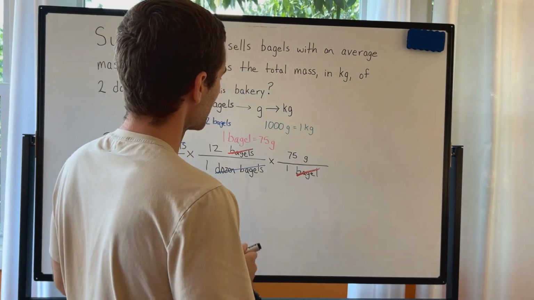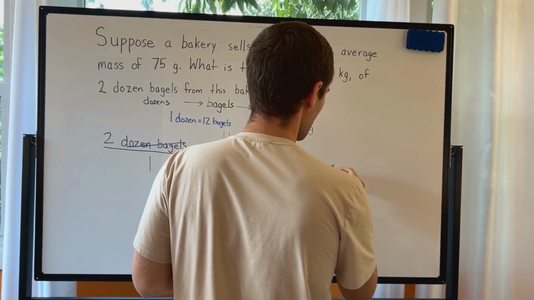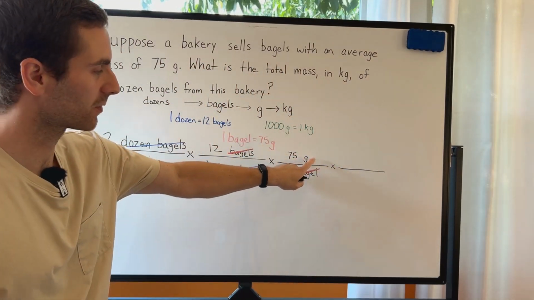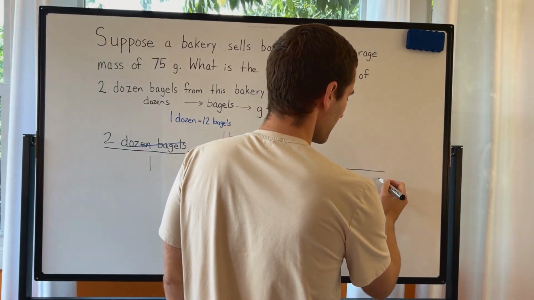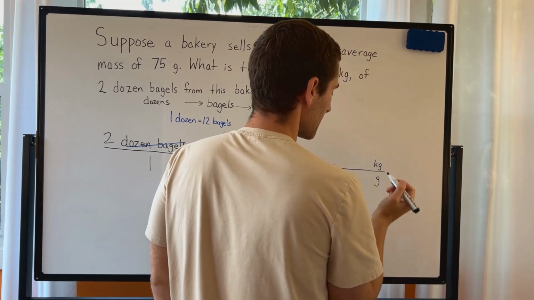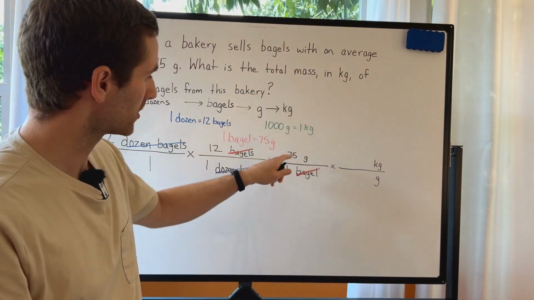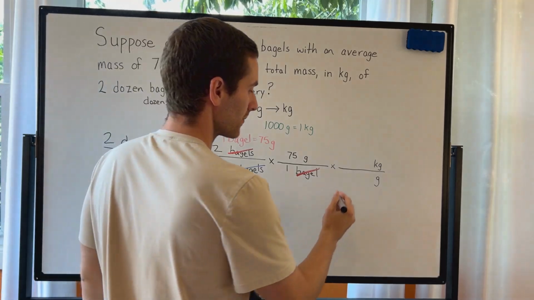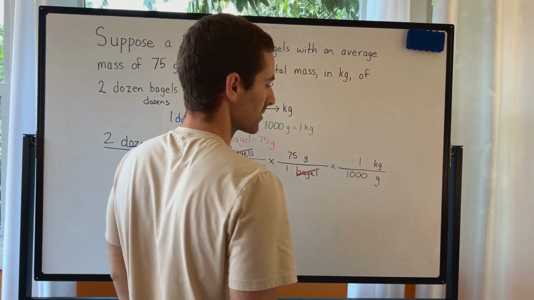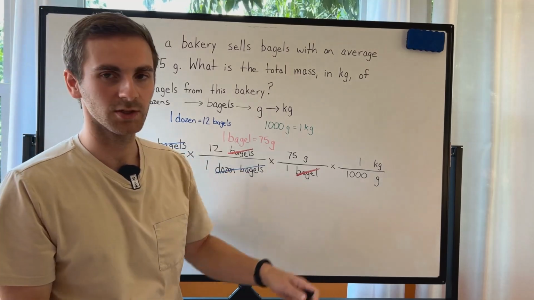And then lastly, we're going to go grams to kilograms. Same process. I have grams on top. I want to cancel that. So I'm going to put grams on the bottom and kilograms on the top. And then the conversion is that 1,000 grams is equivalent to 1 kilogram.